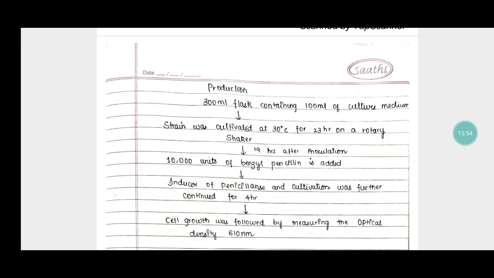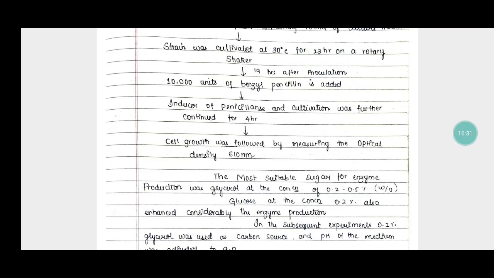The production of penicillin fermentation is done in a 300 ml flask containing 100 ml of culture medium, where the strain is cultivated at 30 degrees for 23 hours on a rotary shaker. 19 hours after the inoculation, 10,000 units of benzyl penicillin are added as an inducer for the penicillinase, and cultivation was further continued for 4 hours. Then cell growth was followed by measuring the optical density at 610 nanometers.